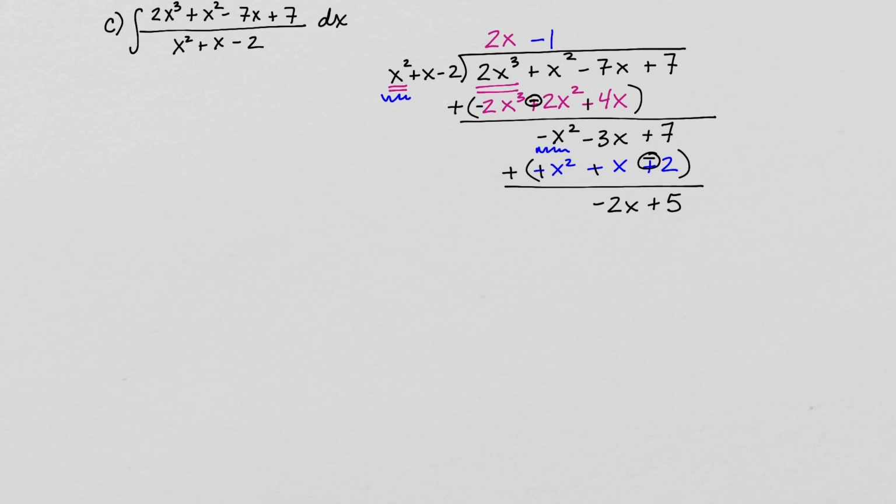So this fraction now becomes the quotient 2x minus 1 plus the remainder, minus 2x plus 5, over the divisor, x squared plus x minus 2.